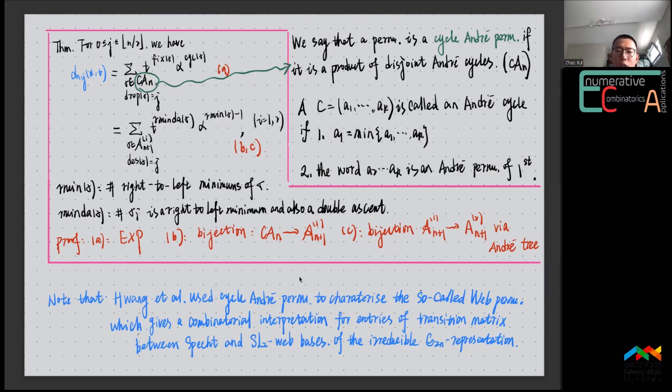This permutation was also used by Huang, called the web permutation, to give an interpretation of the transition matrix between the bases of the irreducible S2 representations. The second authentication is defined using the André permutation, similarly.